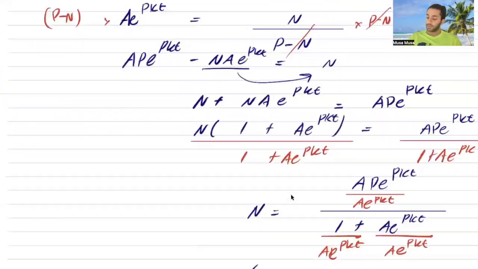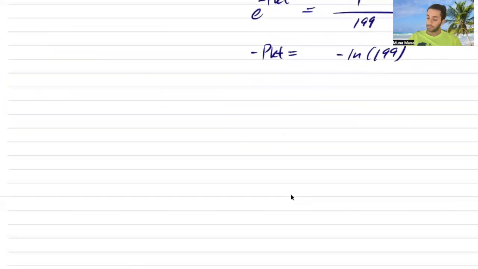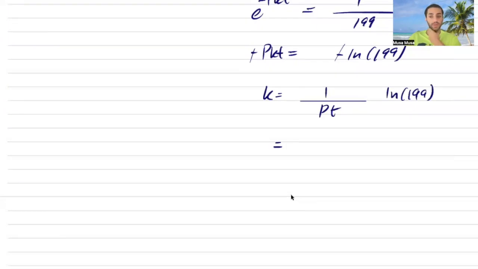And then therefore, k equals, negatives cancel, 1 over pt ln of 199. And then we know what p and t were. I think this was at t equals 50 and p equals 20,000. So 50 times 20,000 is 1,000,000, so 1 times 10 to the power of 6. Very nice.